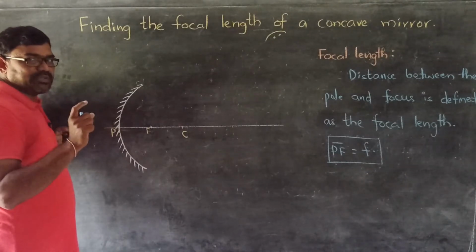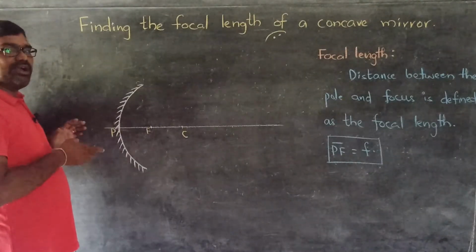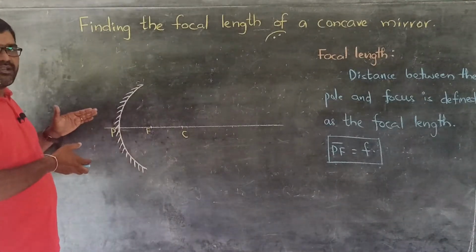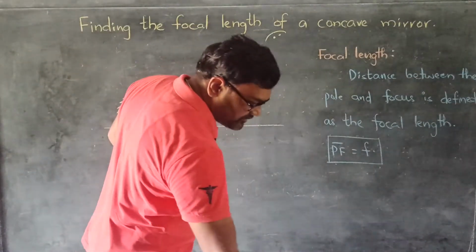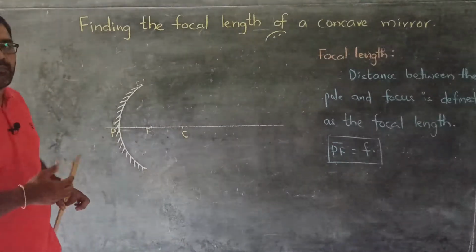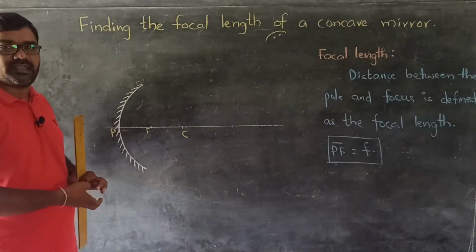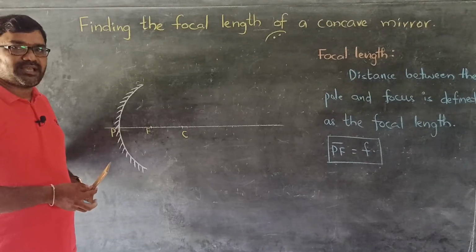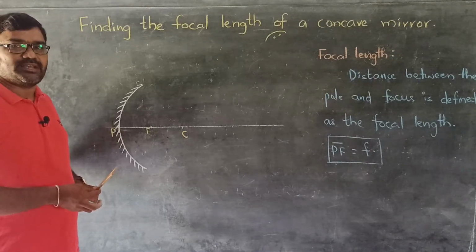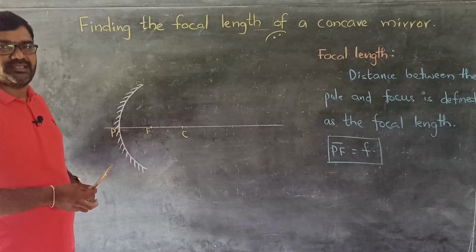So for that purpose, let us try to understand how the ray diagram is to be drawn. See, what are the characteristics of the light rays coming from a distant object or infinity distant object? We know that the light rays coming from the infinity distant object are parallel to each other.